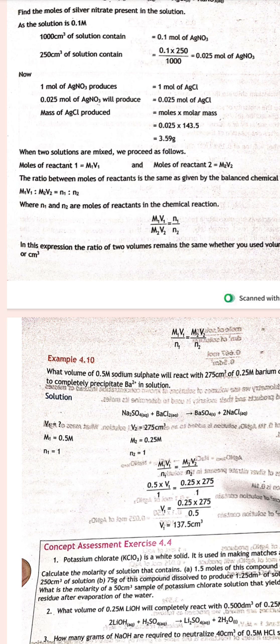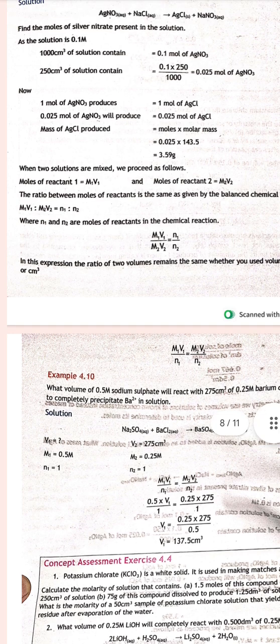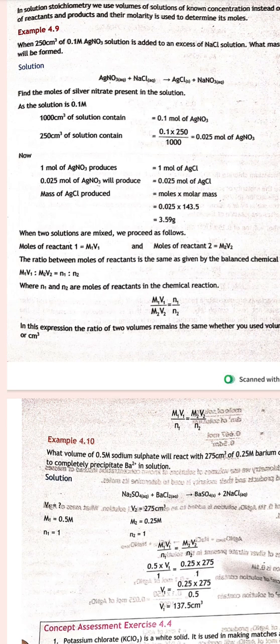Mass of AgCl will be moles into molar mass. So moles are 0.025 as we calculated, and molar mass is 143.5, so grams will be 3.59.